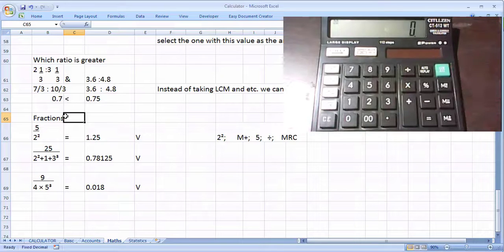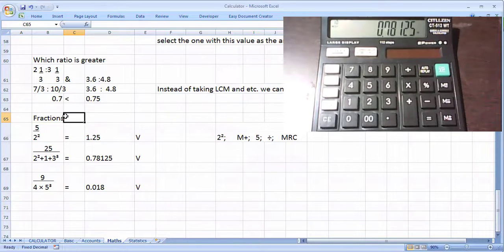Kindly check one more time. Okay, rewind it. 2 square, 2 into 2 equals, M plus, 1 M plus, 3 cube, 3 times 3 times 3, M plus, MRC, 32. So clear the memory now. 32 is the denominator value. Take this 32 into the memory, M plus, 25 divided by MRC equals 0.78125.